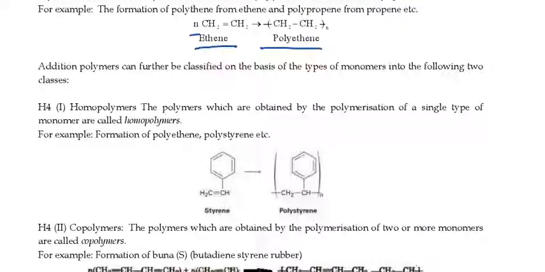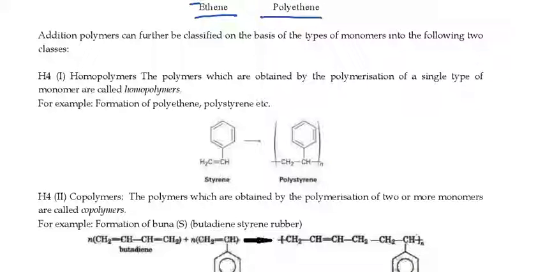Addition polymers are divided into two categories: homo and co. Homo means only a single type of monomer is used, like styrene getting attached n number of times to form polystyrene.